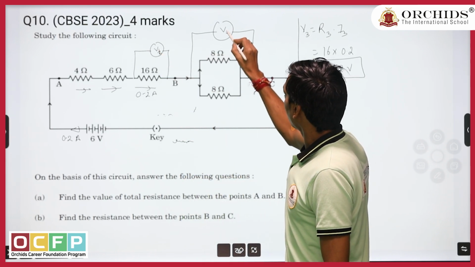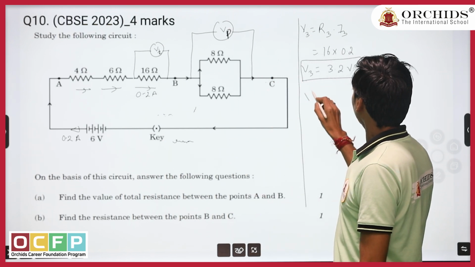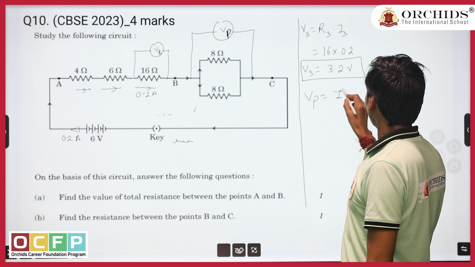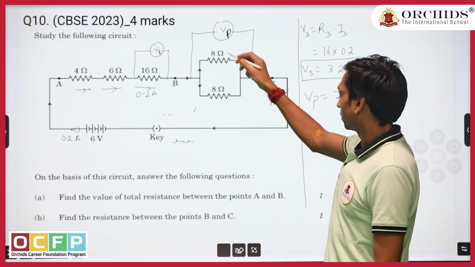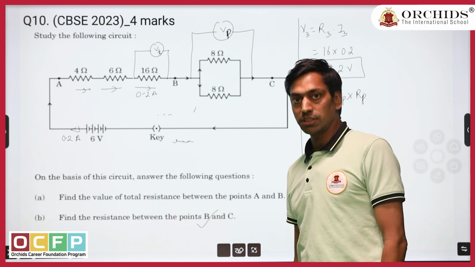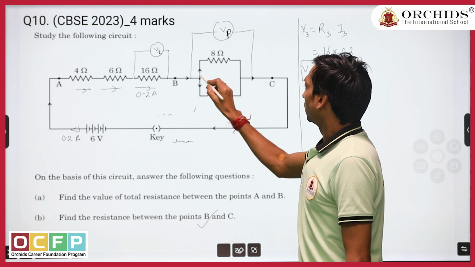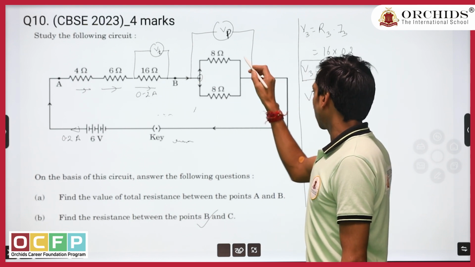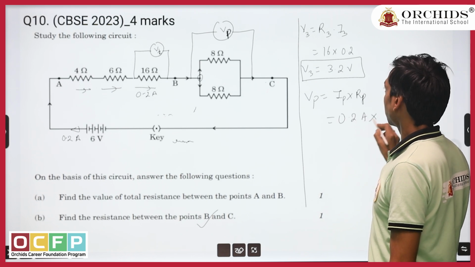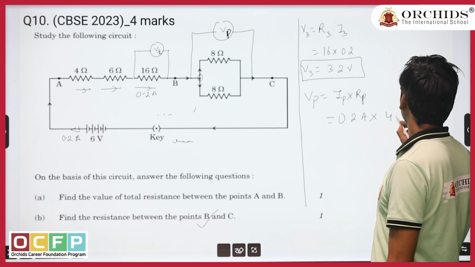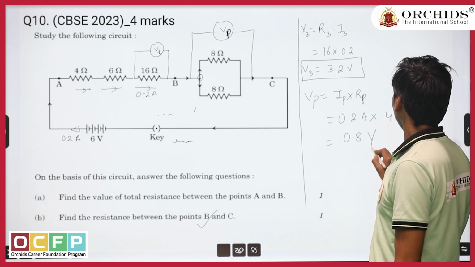Now the voltage across this parallel combination, let it be Vp. Vp is equal to the current through the parallel combination multiplied by the overall resistance of the parallel combination. We have just calculated that the overall resistance of the parallel combination is 4 ohm, and the same current, 0.2 ampere, enters and leaves it. Multiplying by 4 ohm, we get 0.8 volt.